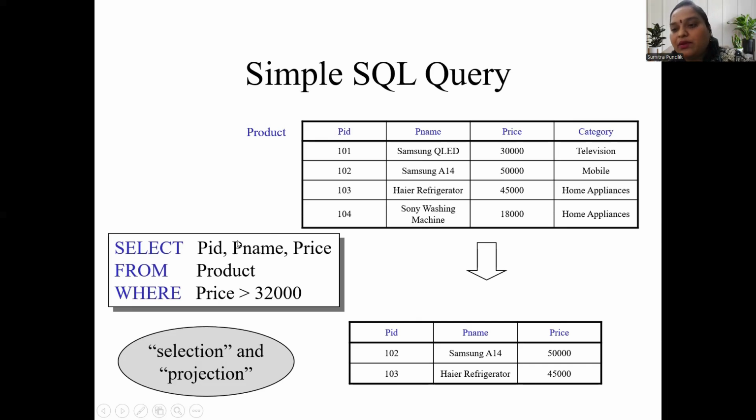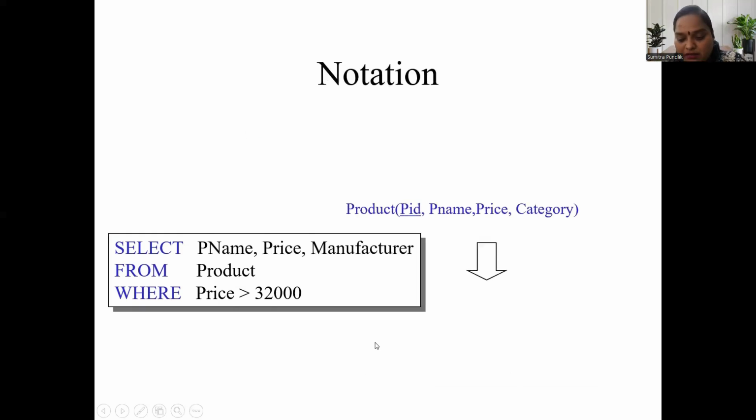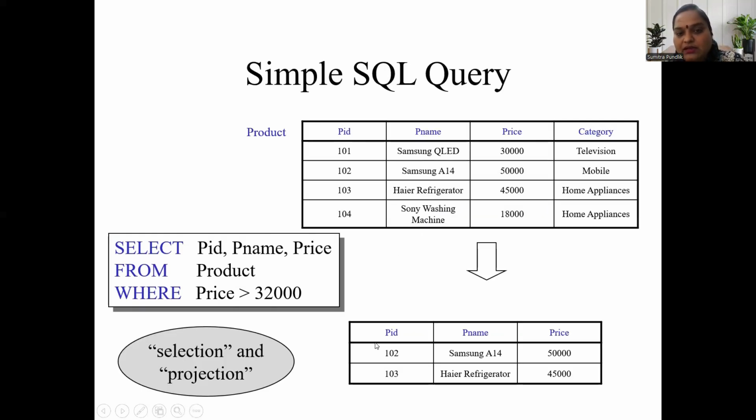Select PID, PName, price from the product table where price is greater than or equal to 32,000. Here I am getting the data which satisfies the price constraint, greater than 32,000.